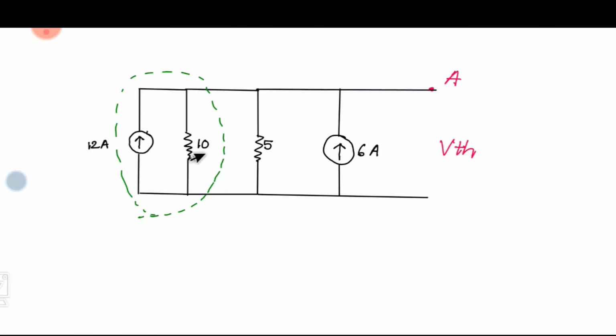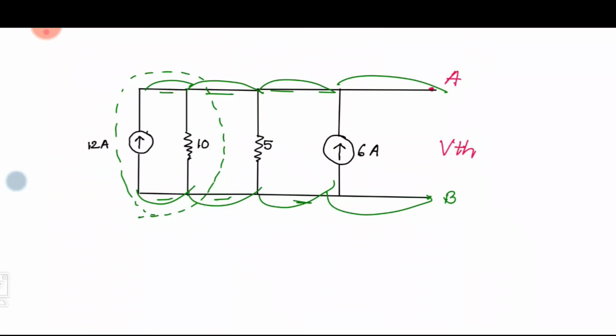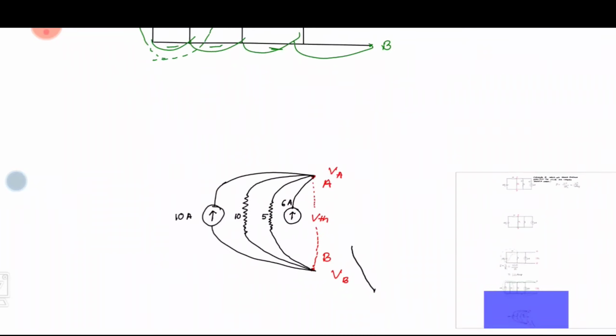So this is B. Now look, in this circuit, this path and this path, all these paths have no elements, so we can merge these paths. After merging these paths, the circuit will look like this.